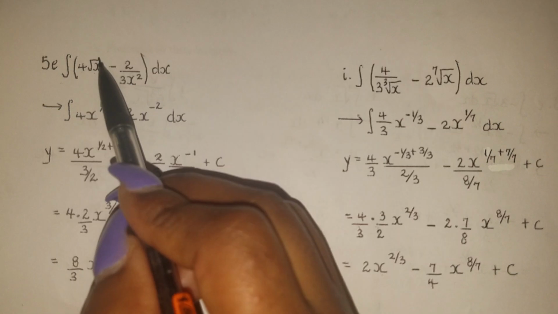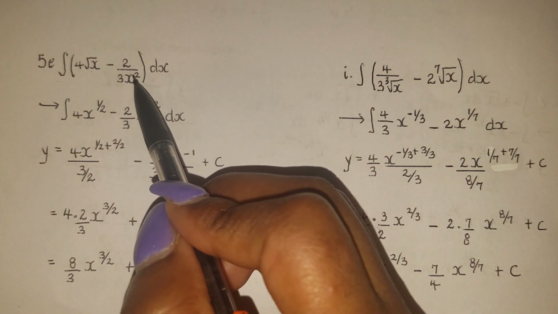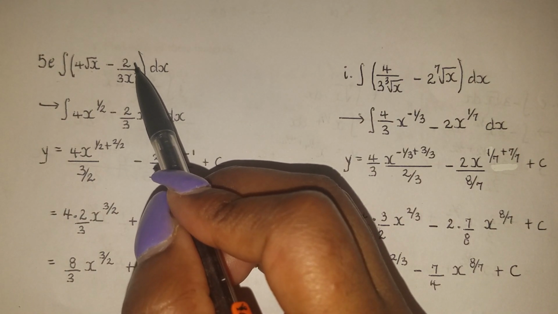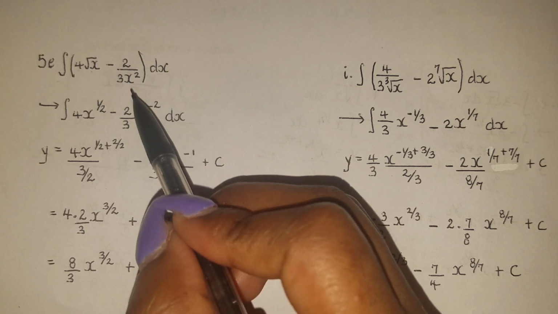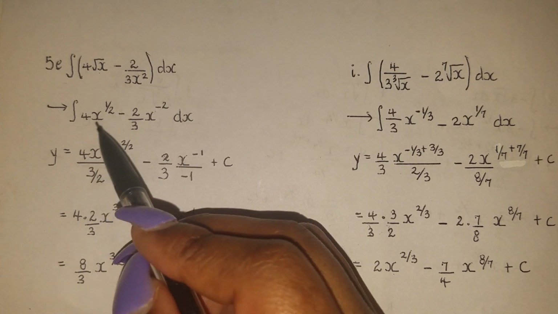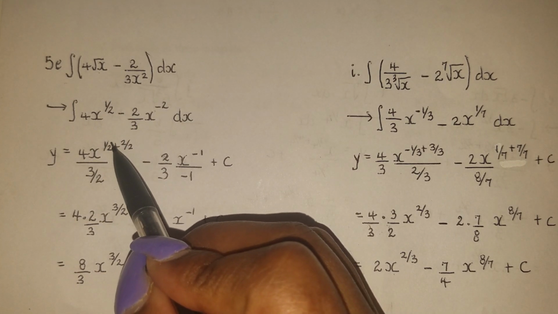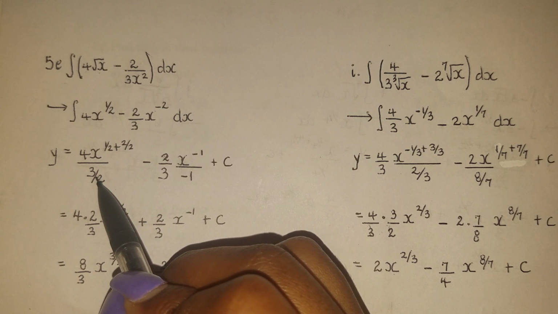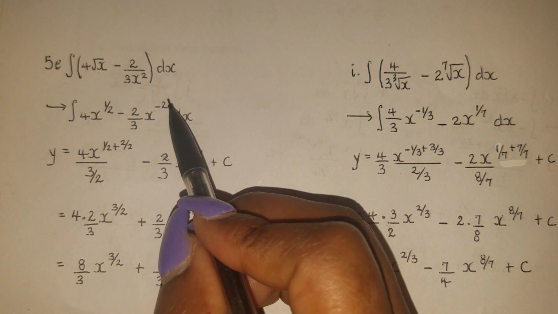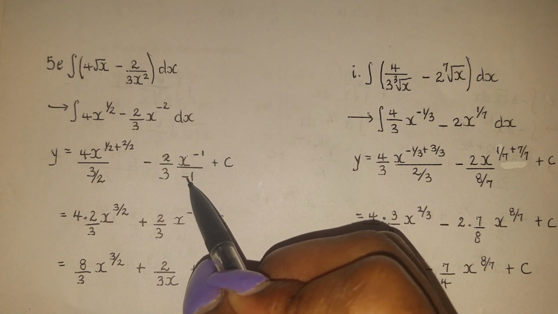This 4 root x is 4x to the half, and this x squared gets brought up, making it now a 2 over 3 x raised to negative 2. So now let's integrate. If I add 1 to half, I get 3 over 2 and divide by that 3 over 2. If I add 1 to negative 2, I get negative 1 and divide by that negative 1.